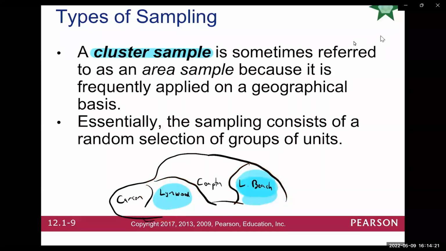You're going to say, oh, I guess most of the teenagers in these two cities are affected in a negative way by social media. So I'm going to conclude that everybody is affected negatively, because I sampled these two cities and the results are going to generalize to the entire region. So that's an example of cluster sampling.